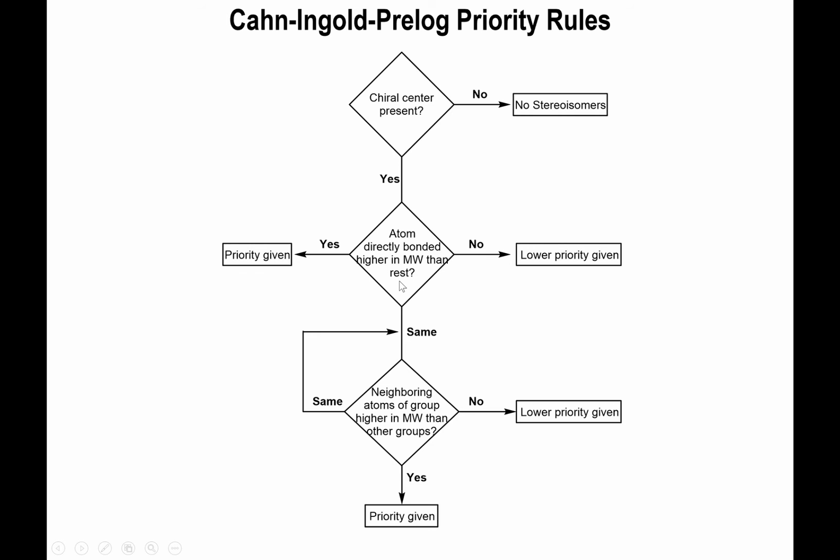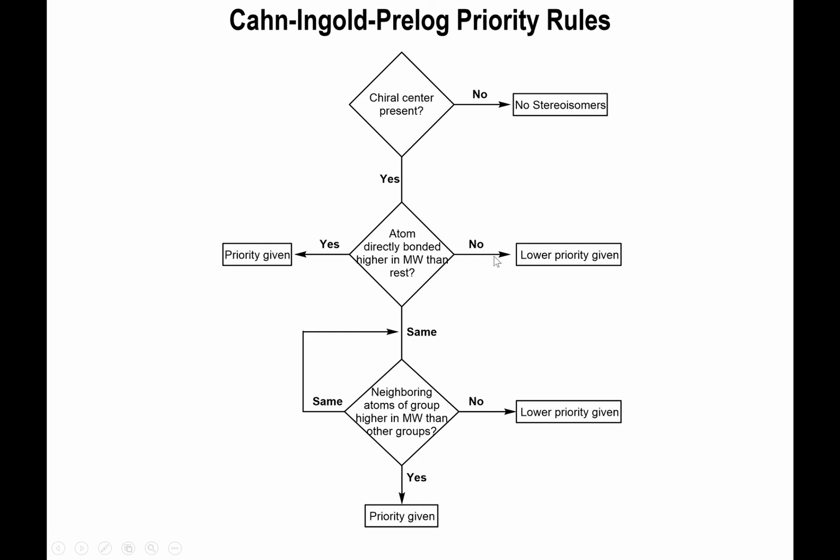Specifically, which of the atoms bound to it has a higher molecular weight? If there is one that has a higher molecular weight, automatically that has the highest priority out of the 4. If none of them have it, then we're going to have to ask a few other questions.